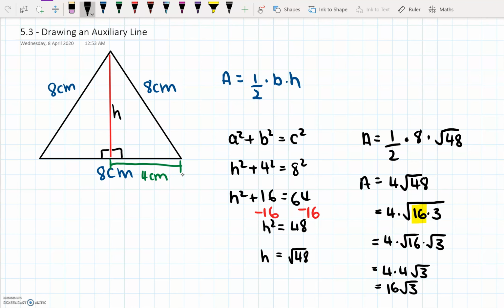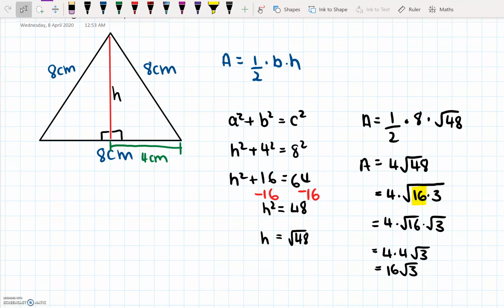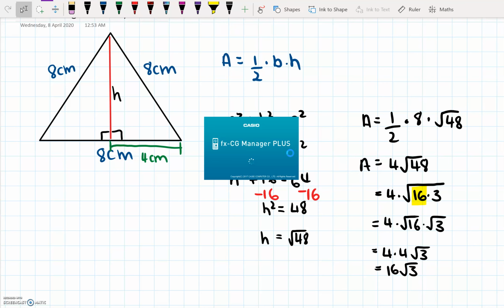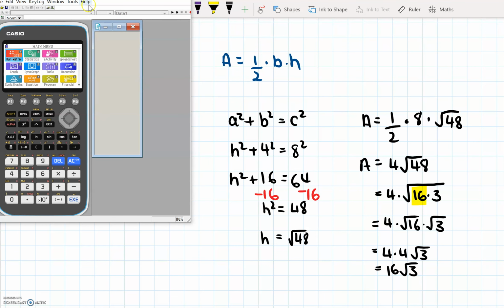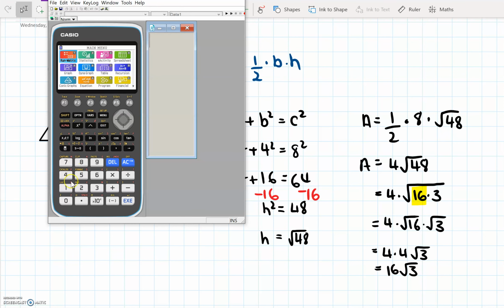You guys have done this in the last unit, and if we wanted to convert this to a decimal, I'll take my fancy calculator. Okay, we have 16 root 3, and if we want to turn that into a decimal, we get 27.71.